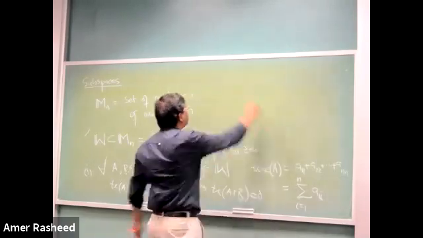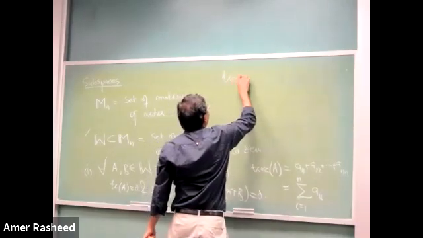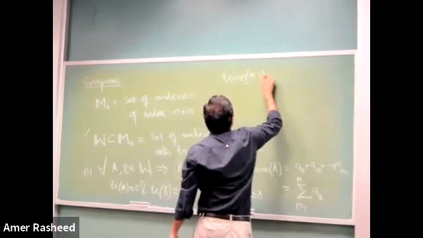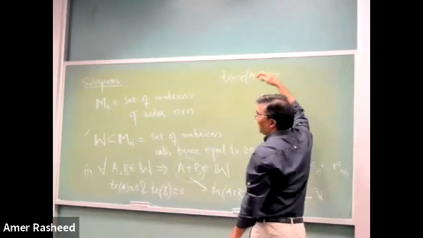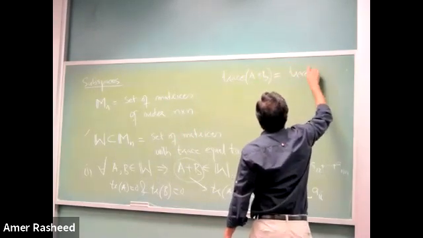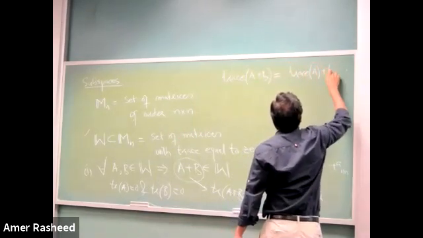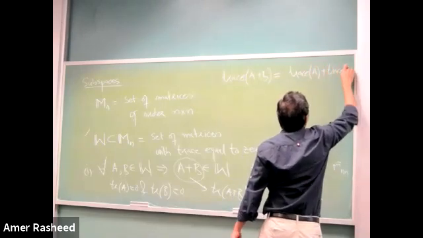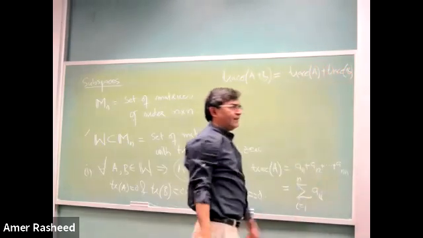Now, we have to prove that the trace of A plus B is equal to, in fact, trace of A plus trace of B. This is the property of trace.